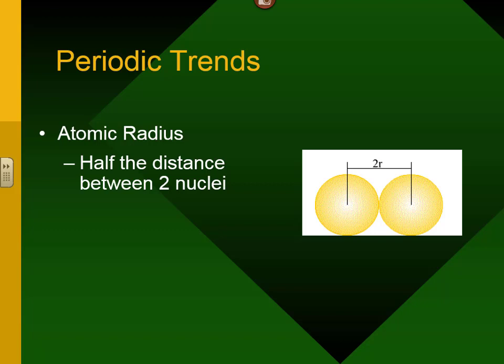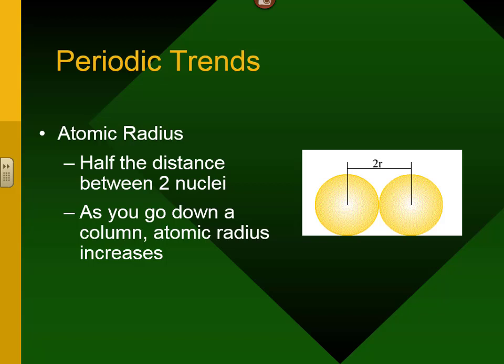And it's really difficult, nearly impossible, to figure out where the edge of the atom is. So what they do instead is put 2 atoms side by side, just like they would be in the solid form of that element. Look for 2 nuclei that are next to each other, figure out what that distance is, and then cut it in half. And that's how we figure out what atomic radius is for each individual element.